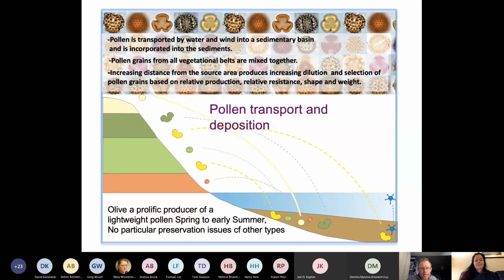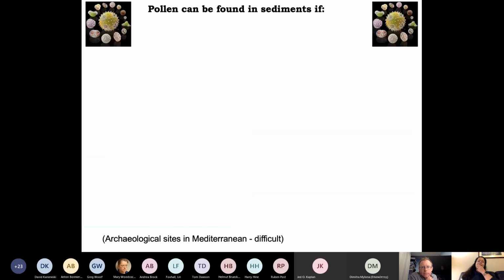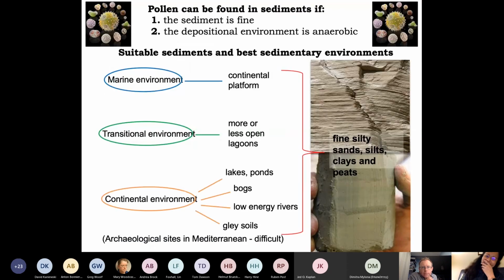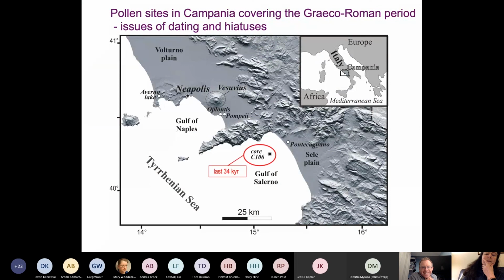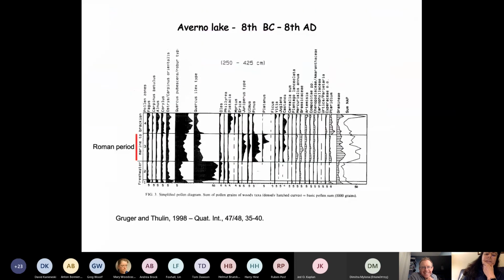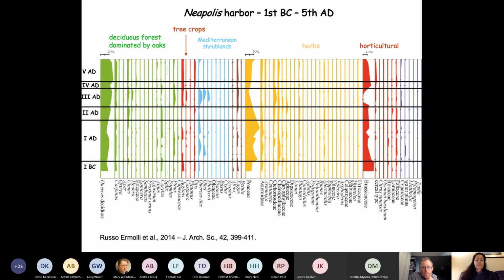The pollen comes from a long way and has different preservation characteristics to seeds. What I wanted to explain to you was that there are a lot of problems with pollen studies at the moment because there's this idea we've got a lot of olive and vine everywhere, when in fact the pollen studies we've done around Pompeii just do not show that.